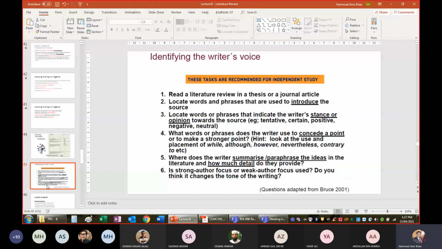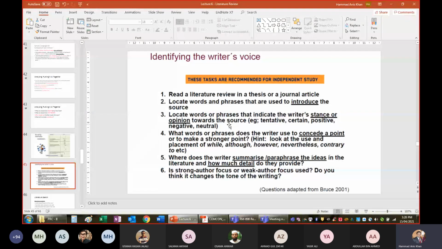It is also very important that when you are reading a research paper, a thesis, or a journal, you see the voice of the writer, how he is trying to emphasize certain points. Locate the words and phrases used to introduce a source. Locate the words or phrases that indicate the writer's stance or opinion towards a source. What is his stand? Is he positive, negative, or neutral?